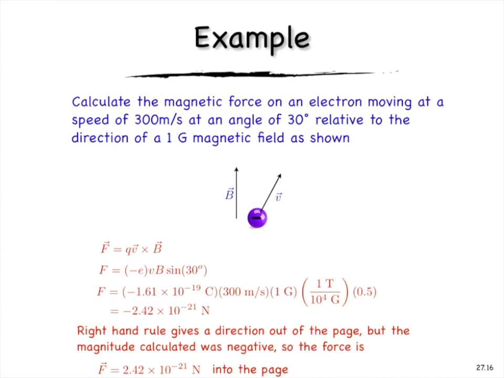So although the standard units, the MKS units, are Tesla, you rarely see magnet strength quoted in Tesla. It's more common to see Gauss. So a Gauss is 1/10,000th of a Tesla. Now Gauss is much smaller, and that's why it's more frequently used.